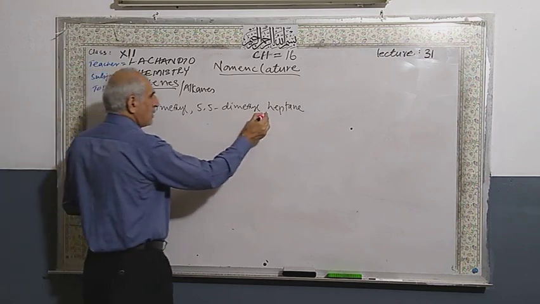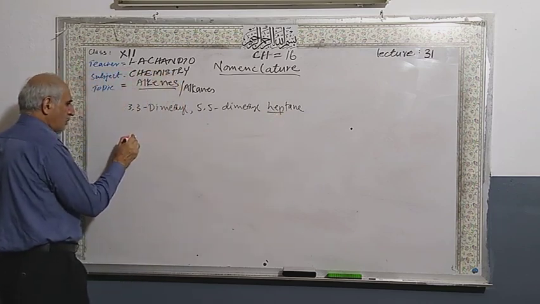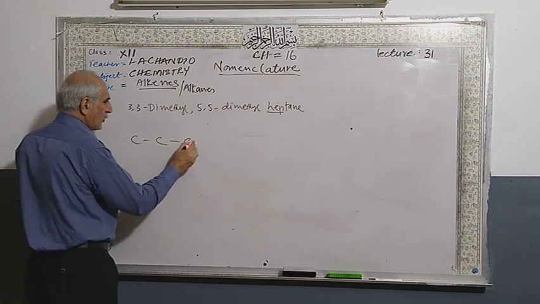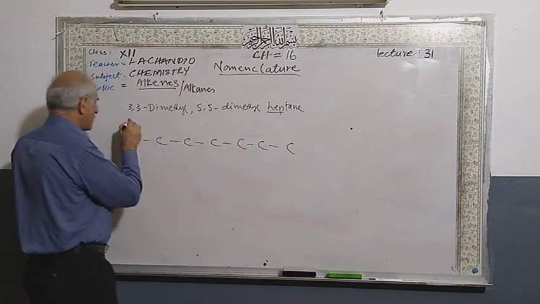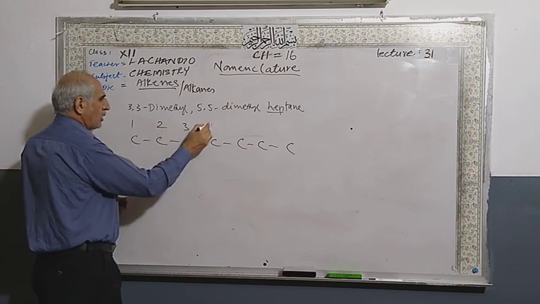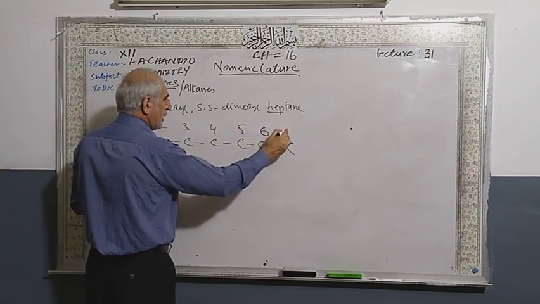Hep, 7 carbon atoms. 1, 2, 3, 4, 5, 6, 7. Numbers 1, 2, 3, 4, 5, 6, and 7.